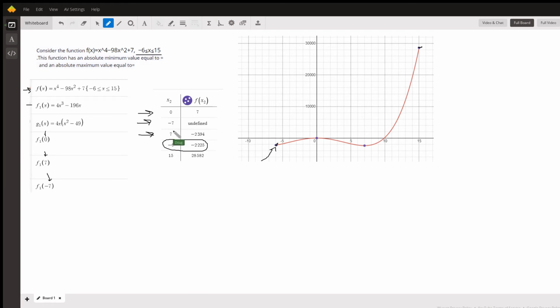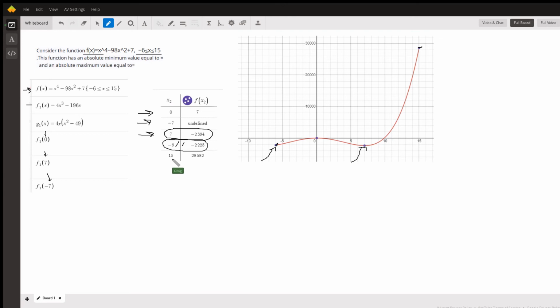Whoops, no, I'm sorry. It occurs here at 7, not at -6. This y value is actually less than what happens at this left-hand endpoint, -2,394. That's putting the number 7 back into this original function.